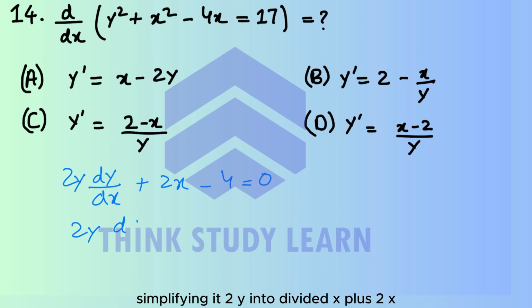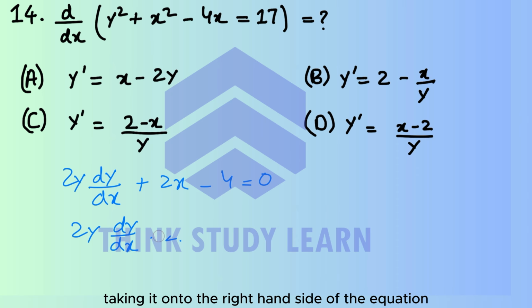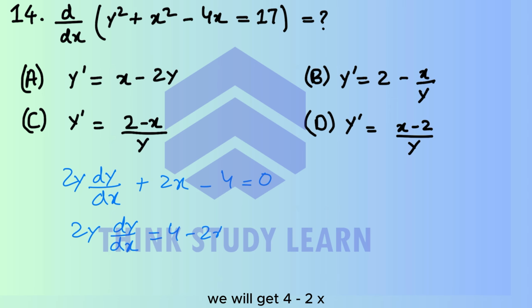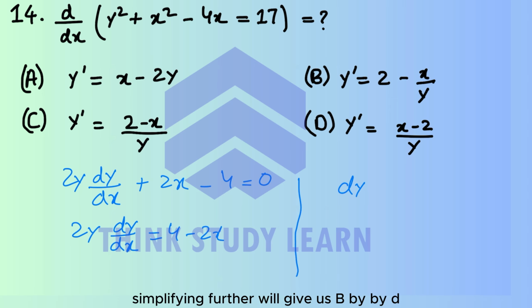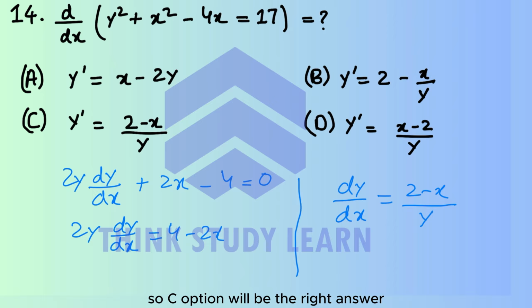Simplifying it, 2y into dy by dx plus 2x, taking it onto the right hand side of the equation, we will get 4 minus 2x. Simplifying further will give us dy by dx is equal to 2 minus x over y. So C option will be the right answer.